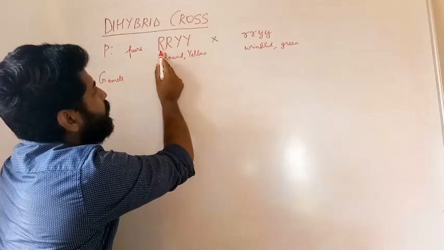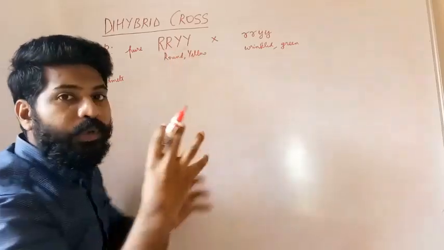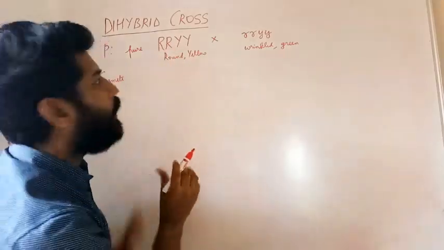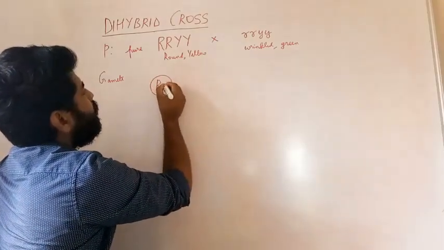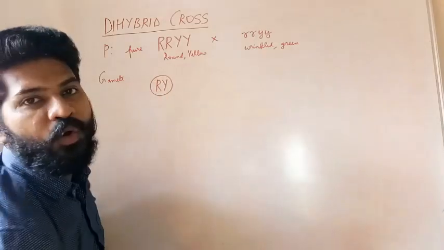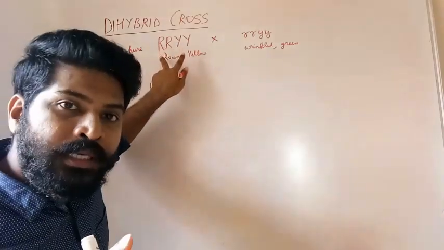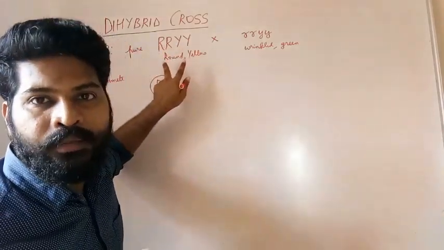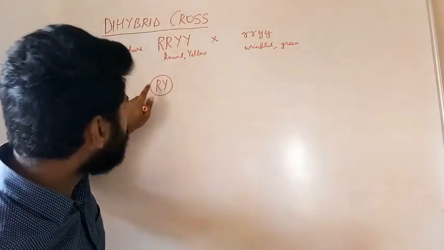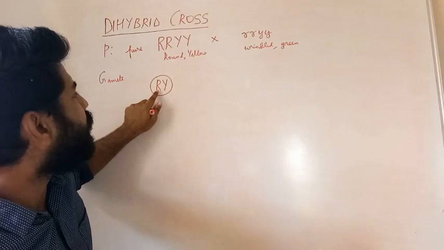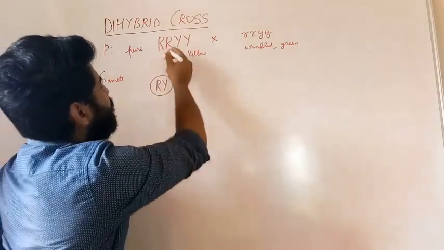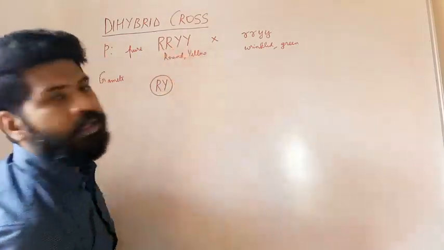Which means that during gamete formation, when these alleles separate, both the round allele and the yellow allele will go together into one gamete. So the gamete will contain round and yellow because both the pairs are present in the same plant, isn't it? So during gamete separation, the alleles will get segregated like this, round and yellow, and of course another gamete will also have round and yellow.